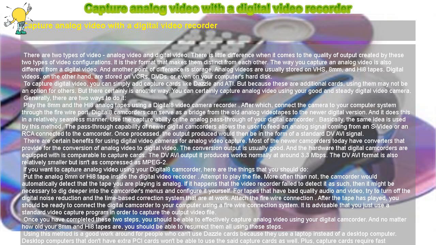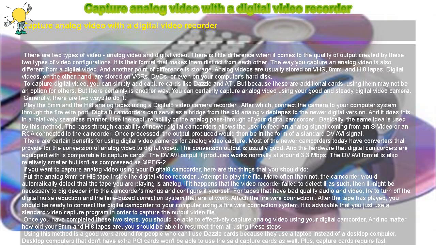There are certain benefits for using digital video cameras for analog video capture. Most of the newer camcorders today have converters that provide for the conversion of analog video to digital video. The conversion output is usually good.